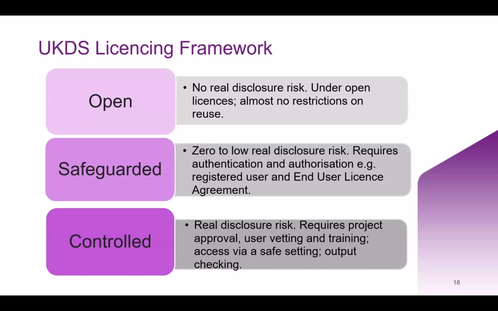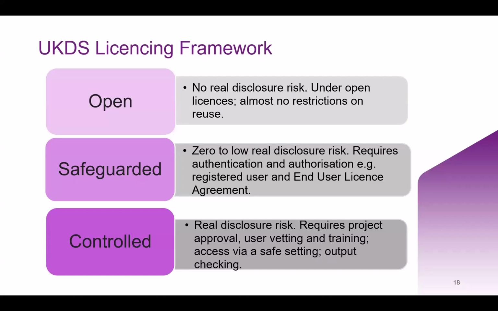Open access is for data that contain no personal information, or if there is some personal information but the consent to share it is in place, then we put that data under open access.